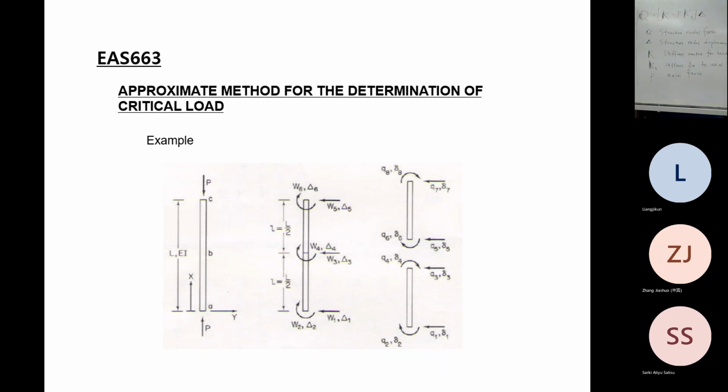If you are not given, then it is up to you: you can divide into 2, 3, 4. The more you divide, the calculation will become very long. So the minimum is 2. This is the problem given, and this is the way we divide it into 2, same as in your finite element, and then each part is further split into elements.